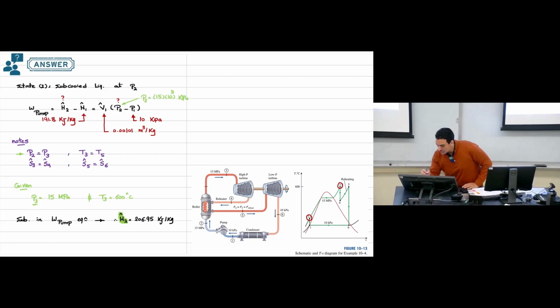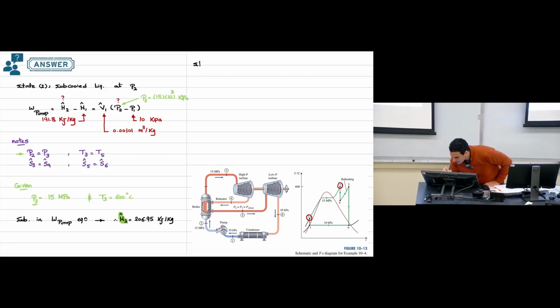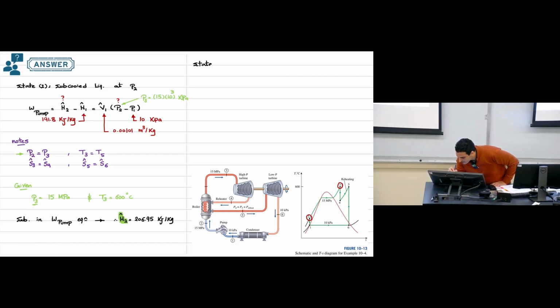Now we can continue with state number 3. For point number 3, we know that we have superheated steam at 15 megapascal and 600 degrees Celsius.